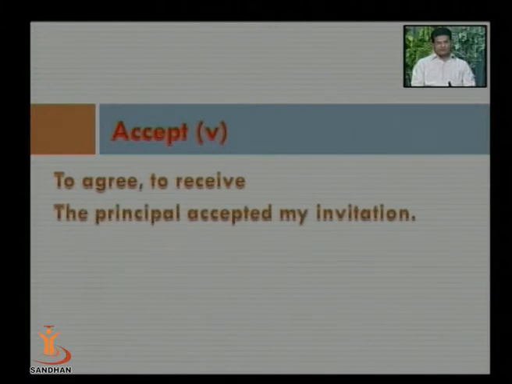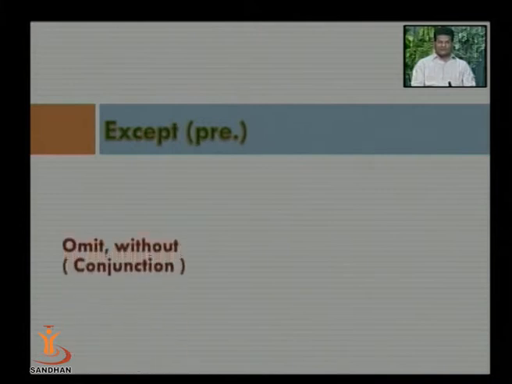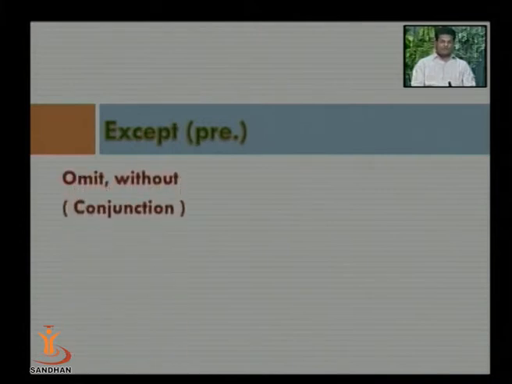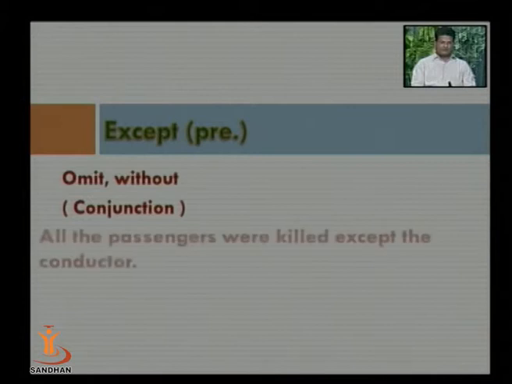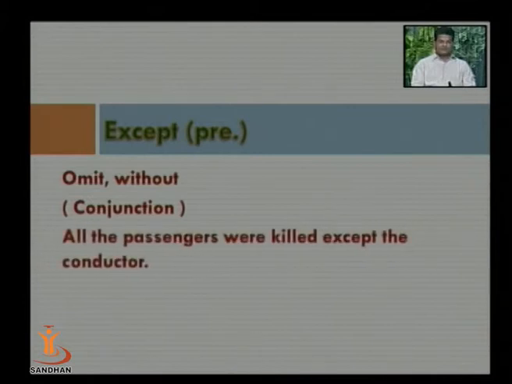An example of its use: The principal accepted my invitation. When except is used as a preposition, the meaning is to omit or without. It can be used in this manner: All the passengers were killed except the conductor. Now here the meaning of except is to omit or without.